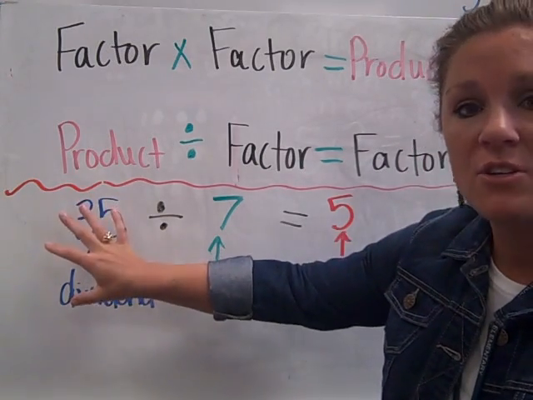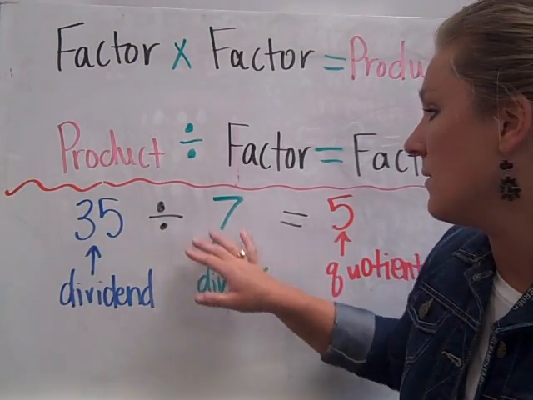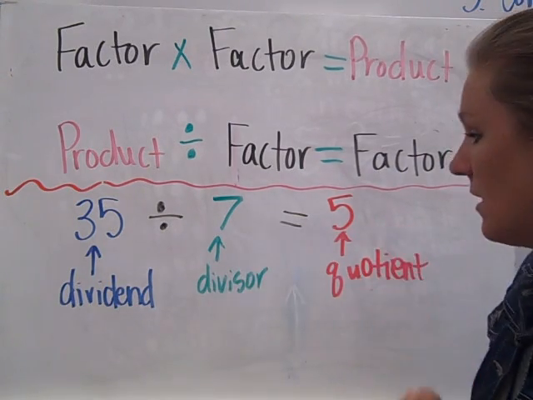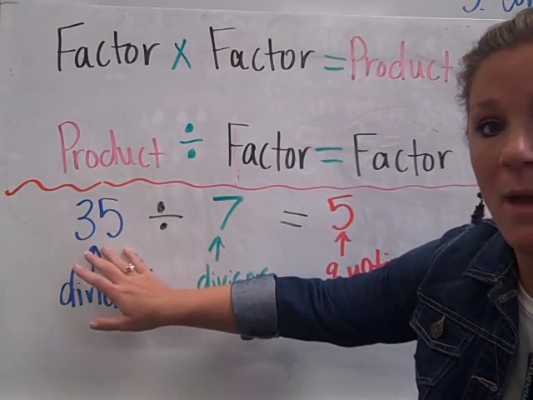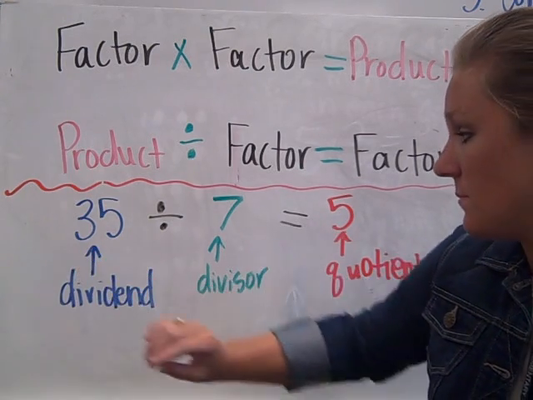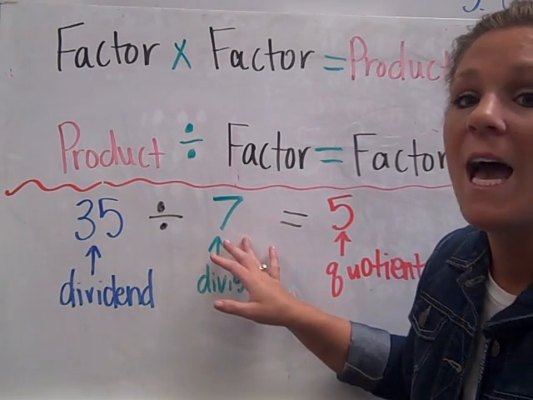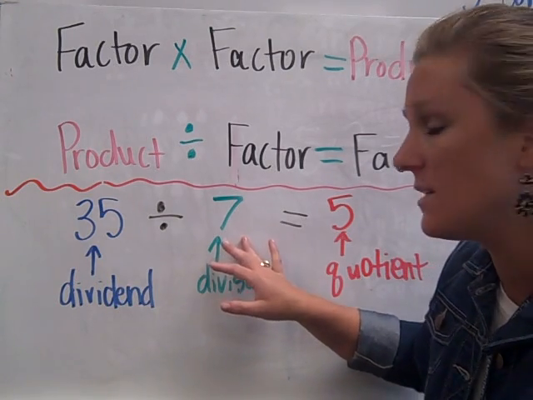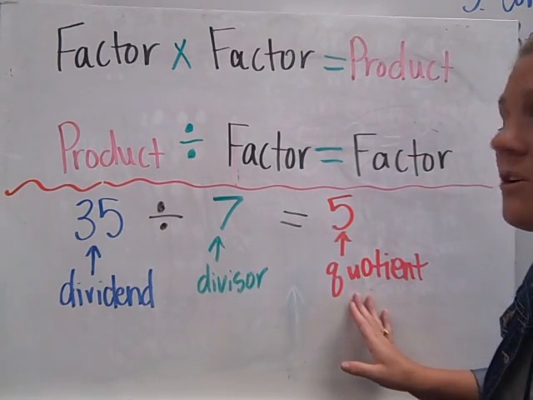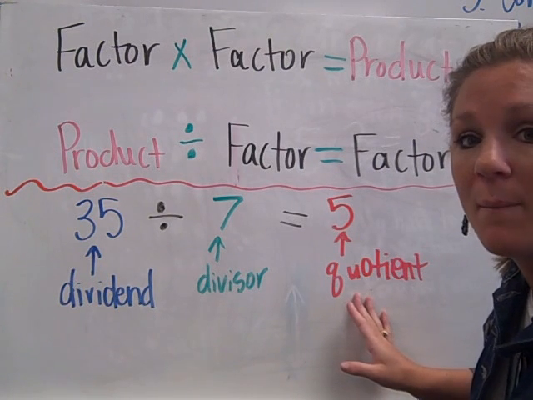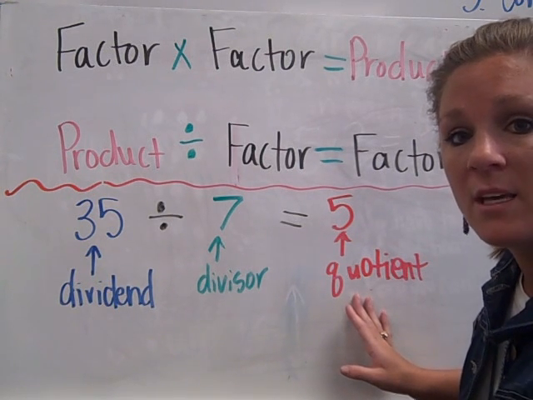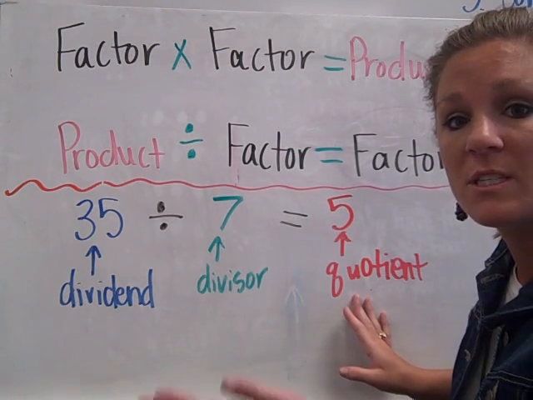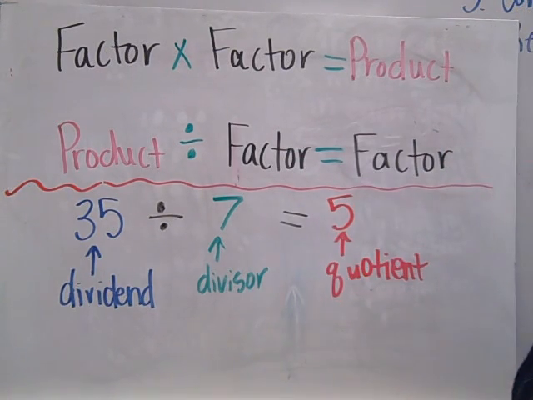You're going to take a larger number and divide it up equally into some number of groups and figure out what's in those groups. So dividend, total amount that you want to divide. Divisor tells you how many groups to divide it into or how many people you want to divide it to. And then your quotient or answer tells you how many things will be in each group or how many of whatever you're dividing each person would receive, things like that. Okay?